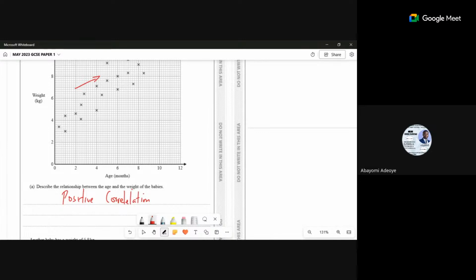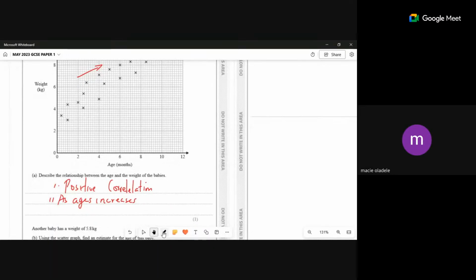Then also you can say as age increases, the weight also increases.